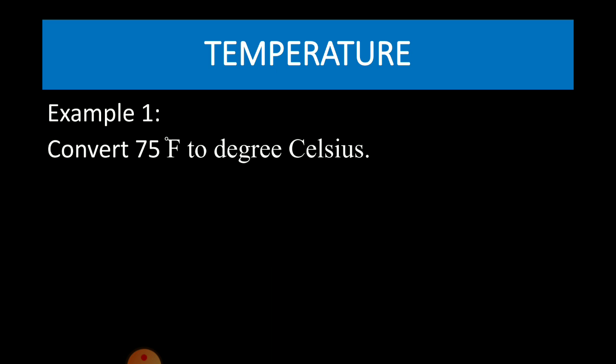Example, convert 75 degrees Fahrenheit to degrees Celsius. So we'll be using the formula degrees Celsius is equal to the quantity degrees Fahrenheit minus 32 divided by 1.8. So the given is 75 degrees Fahrenheit. So from the formula, we just have to change degrees Fahrenheit with 75.